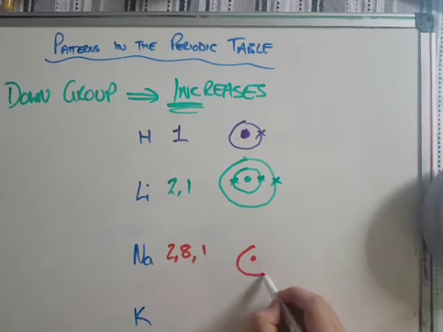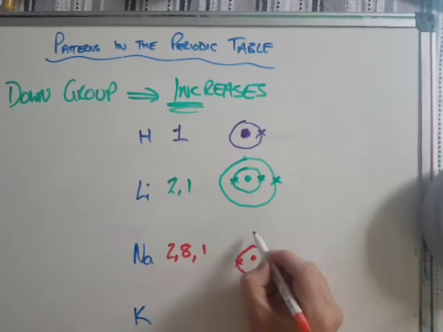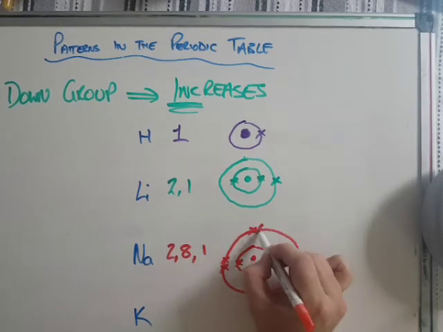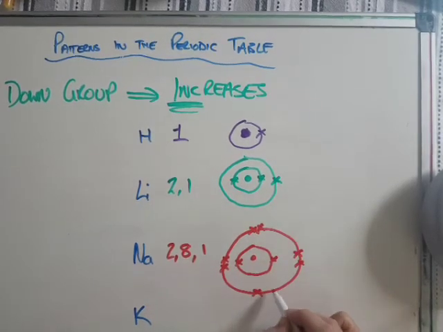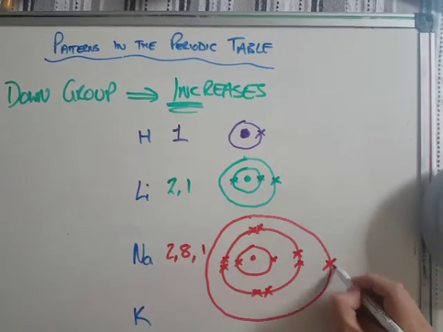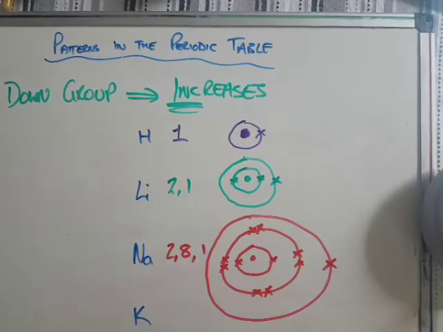And hopefully right away you're starting to see that the atoms are getting bigger. Potassium, run out of colours, go back to blue. Potassium, 2, 8, 8, 1, atomic number 19, 19 electrons, and you'll just squeeze that in at the bottom there.